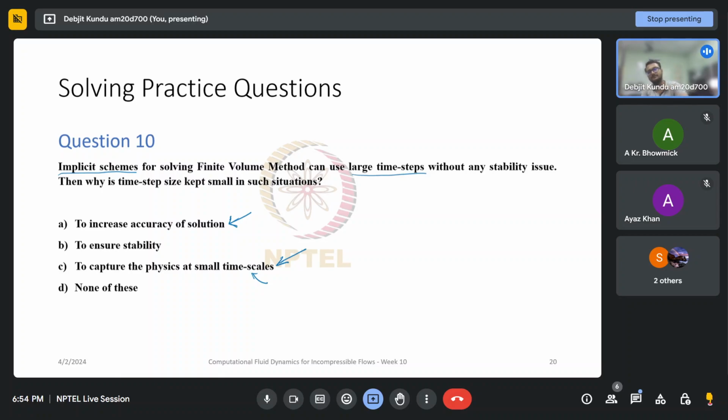Alright, so let's have a look at the solution. It is actually option C, to capture the physics at small time scales.